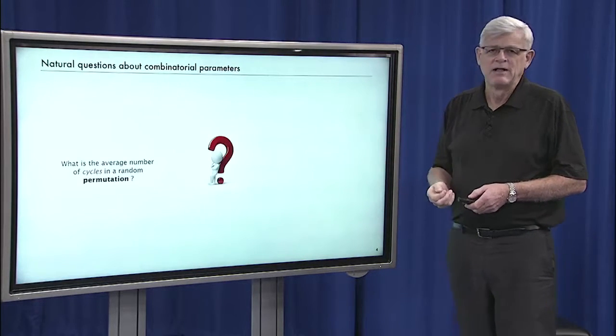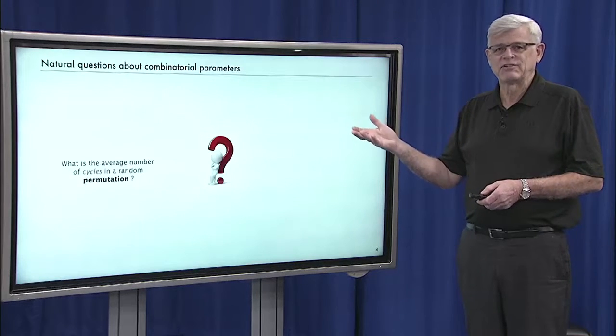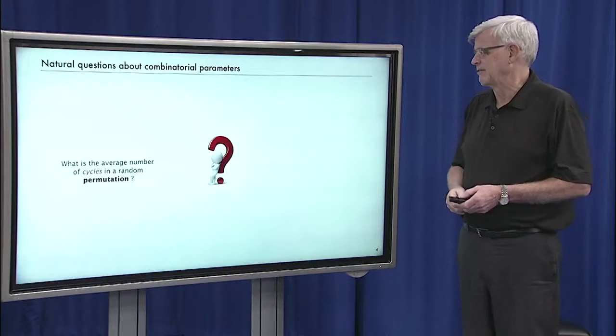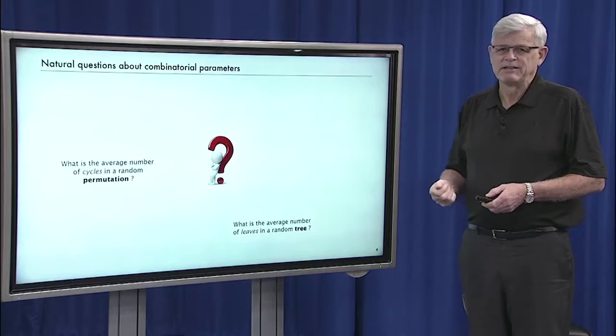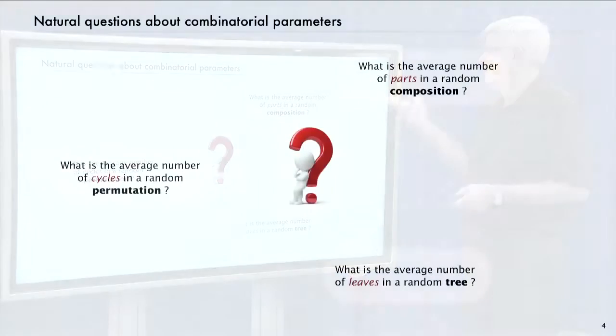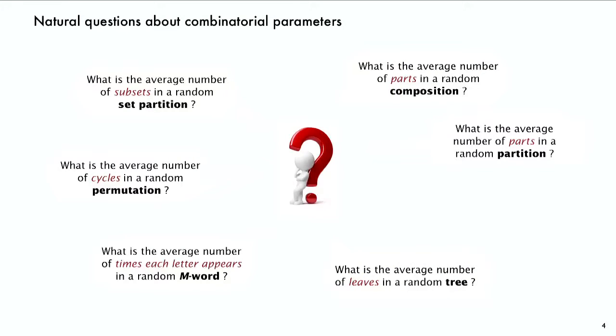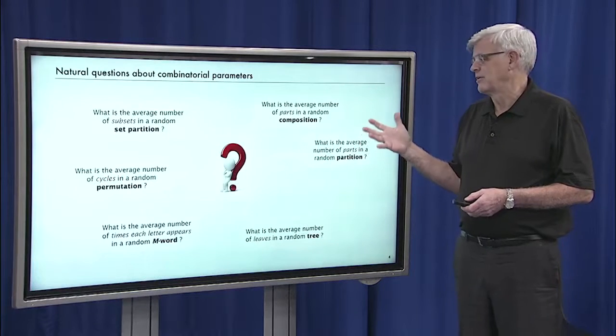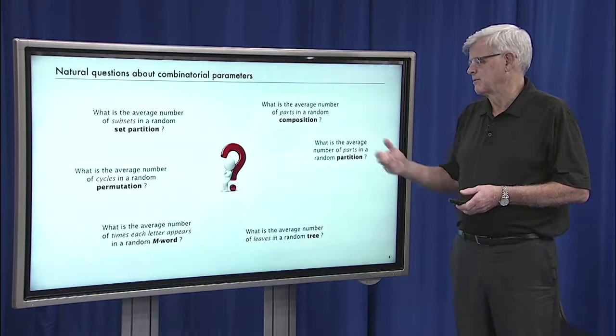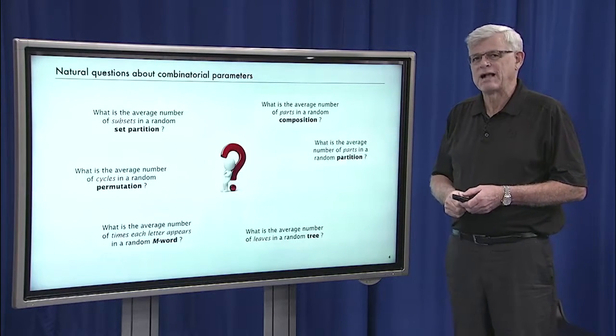We might want to know how many cycles we're likely to see in a random permutation on average, or how many leaves are there in a random tree, or how many parts in a random composition or in a partition, or how many subsets are there in a set partition, or the average number of times that each letter appears in a random M-word. These are all natural questions that we want to know good answers to in practice.